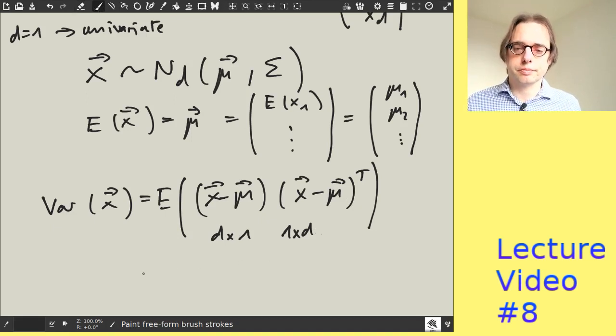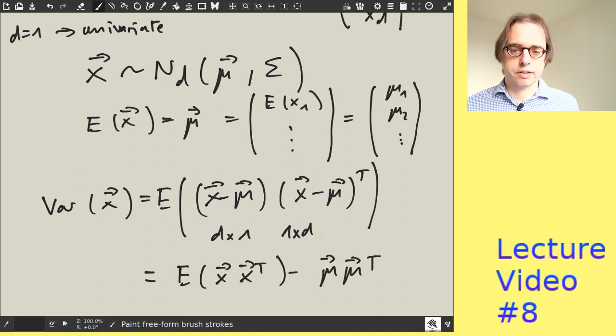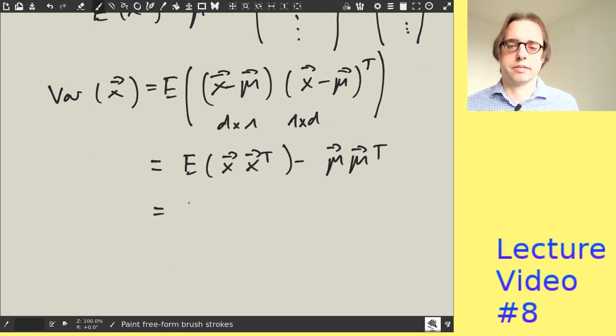And you can also write this similarly as above, as the expectation of x transpose minus mu transpose. So this is the definition, and this is called the covariance matrix.